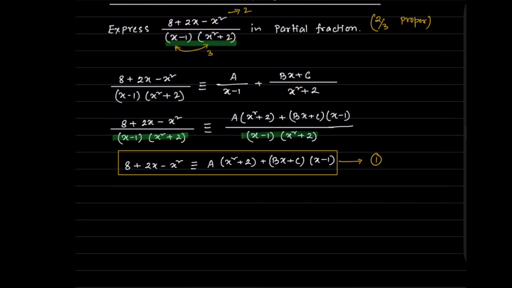Now we can take one factor at a time. To find the value of a, let's take x minus 1 equals 0.